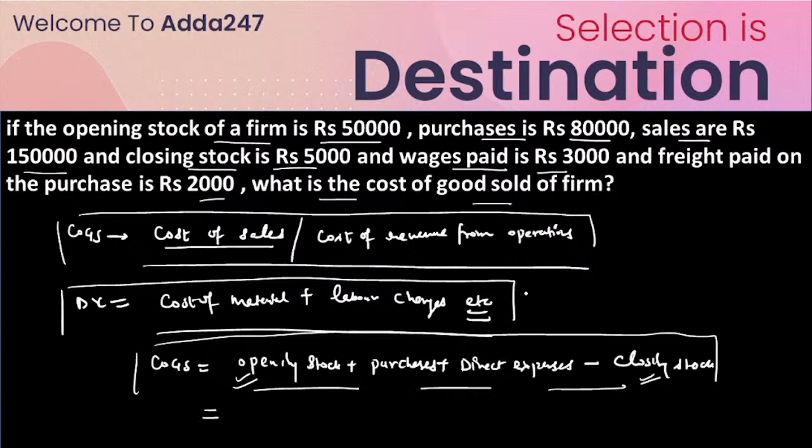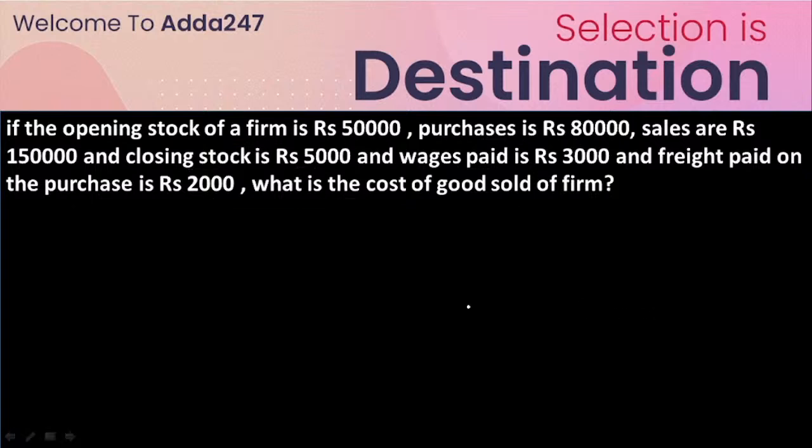So we have to write: cost of goods sold is equal to opening stock of the firm, that is 50,000 rupees, plus purchases, that is 80,000 rupees. After that, we have to find the direct expenses related to producing the goods.